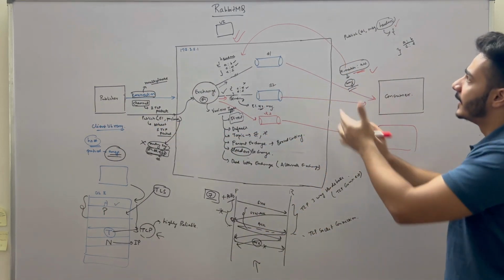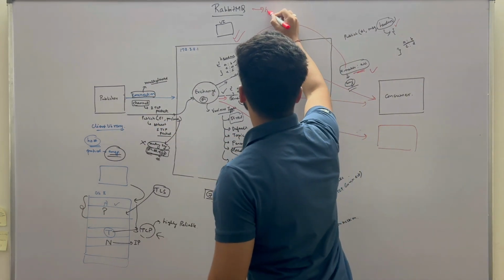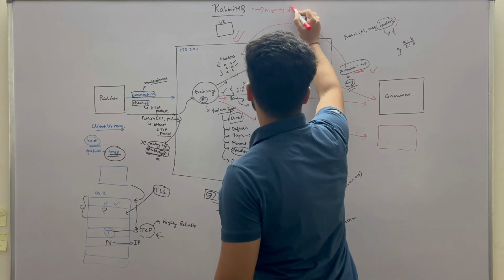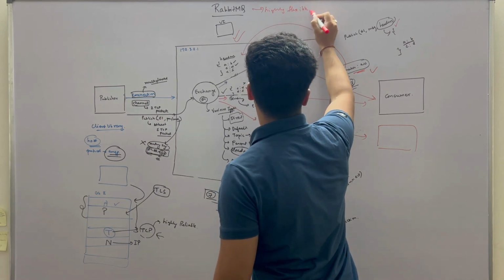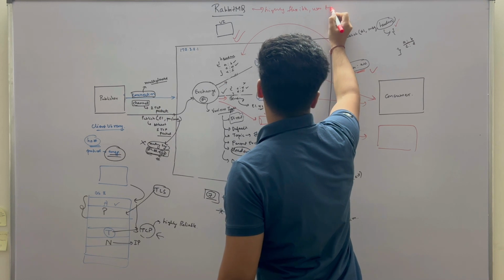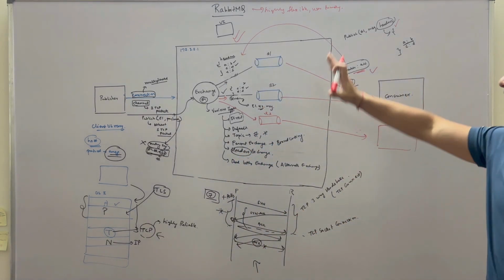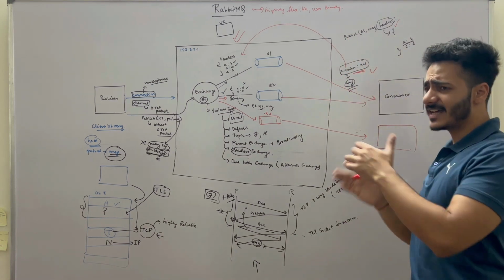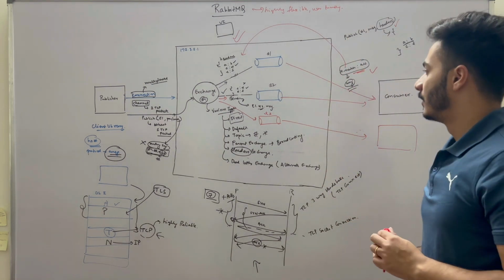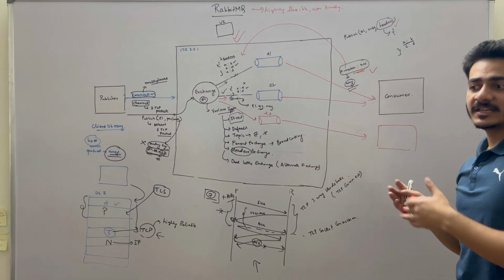So that's why RabbitMQ is highly flexible and user friendly. That is the advantage of RabbitMQ, because it's highly customizable and you can tweak its configuration as much as possible.